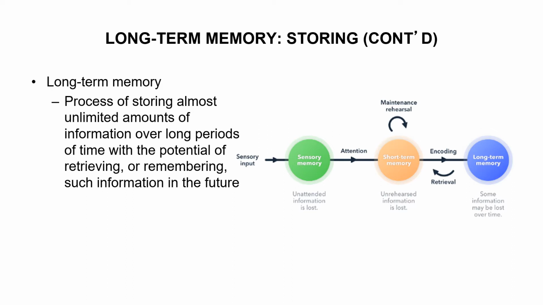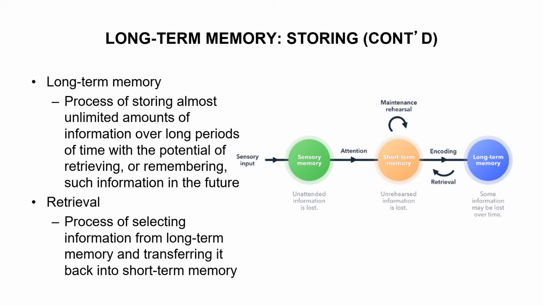And one of the nice things about that is that neurons making connections actually help us categorize stuff and make things easier. I'll come back to that in just a minute. So we store unlimited or almost unlimited amounts of information for long periods of time, with basically the purpose of being there for retrieving in the future.